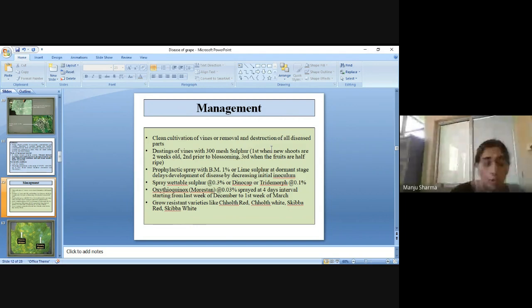So if we stop or inhibit the initial inoculum, then we can also protect the crop.